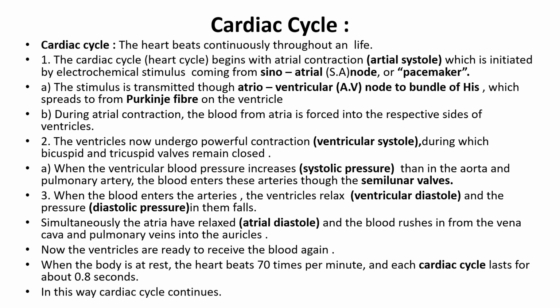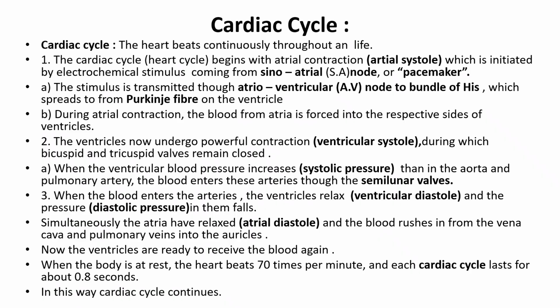The ventricles now undergo powerful contraction, that is ventricular systole, during which the bicuspid and tricuspid valves remain closed. When the ventricular blood pressure increases, that is systolic pressure, the blood enters the aorta and pulmonary artery through the semilunar valves, that is the aortic and pulmonary valves.